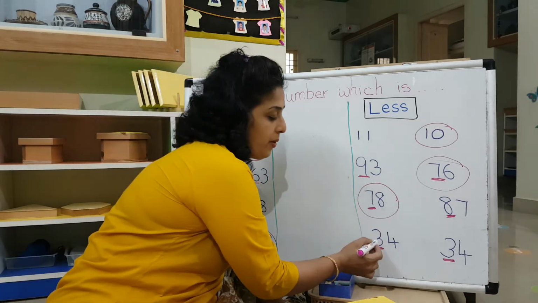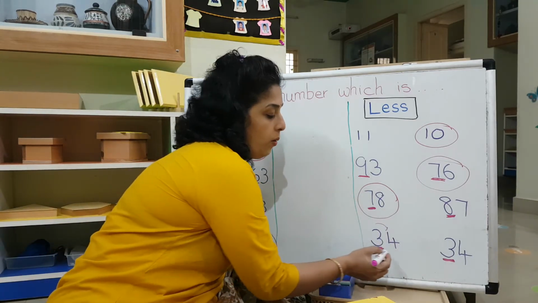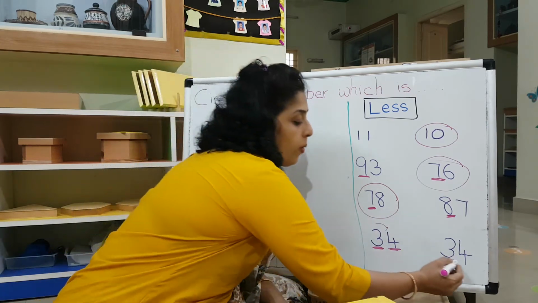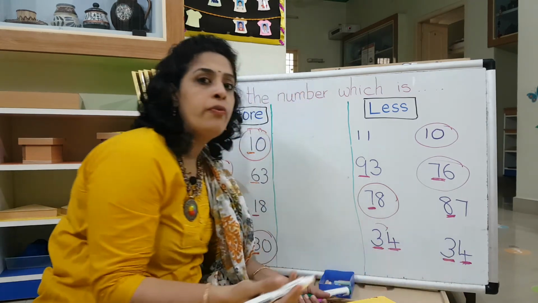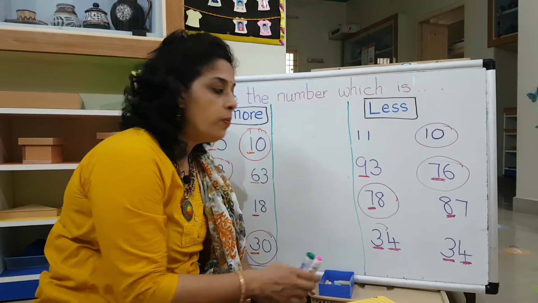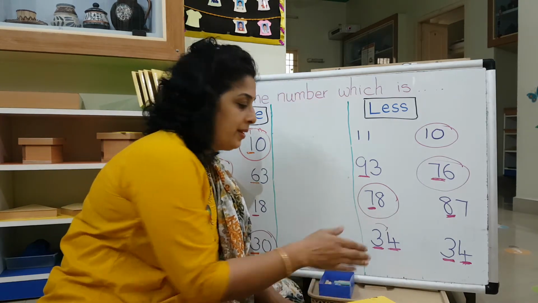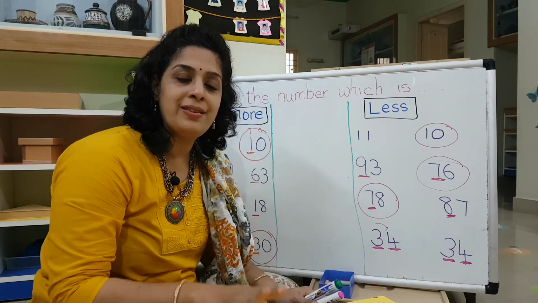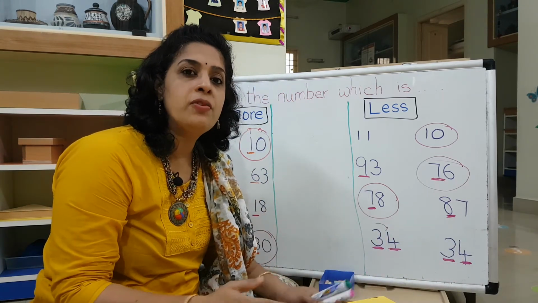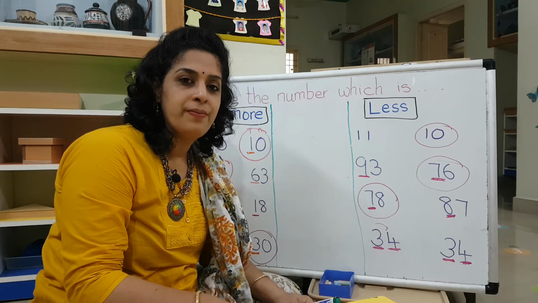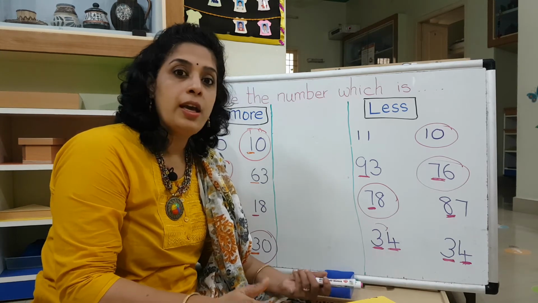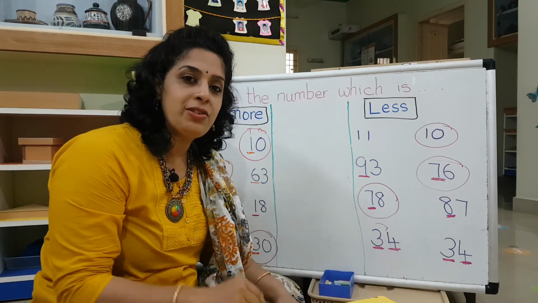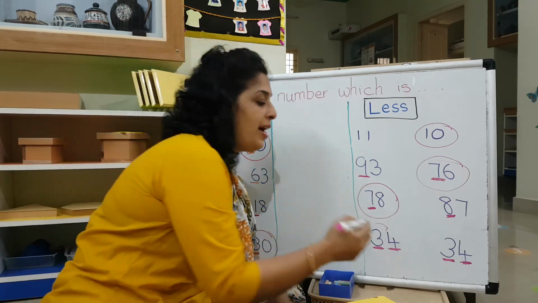Jump to the next number. What is in the ones place? 4. What is in the ones place? 4. Both are same. This is 34. This is also 34. Both are same, is it not? So can you say which is more? You can't say which is more. Can you say which is less? Because you can't say which is more, you can't say which is less. So they both are same.